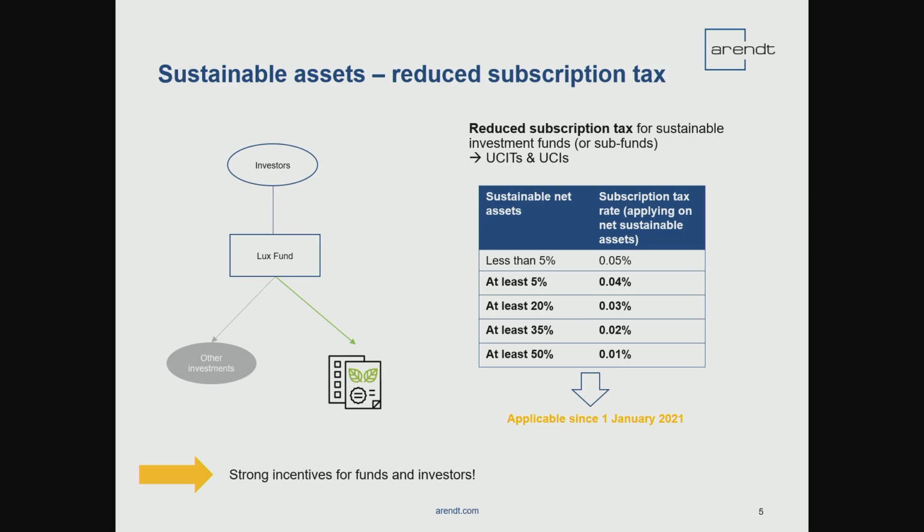If you have sustainable net assets amounting to at least 35%, then the reduction goes to 2 basis points, and only the maximum reduction to 1 basis point is available if you have 50% of sustainable net assets within your structure. Obviously, you can see there's a strong incentive to qualify in the respective categories to achieve a reduction in subscription tax.